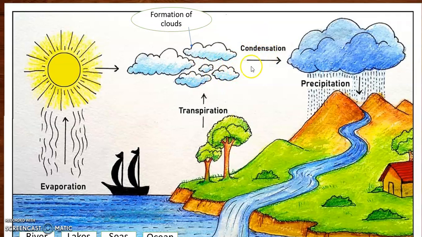And then after that, when the clouds become bigger and heavier, when they are too heavy, the water falls down as rain. So this process is precipitation. And back again to the surface water sources. So that is the water cycle. Again, number 1, evaporation, number 2, condensation, and number 3 is precipitation.